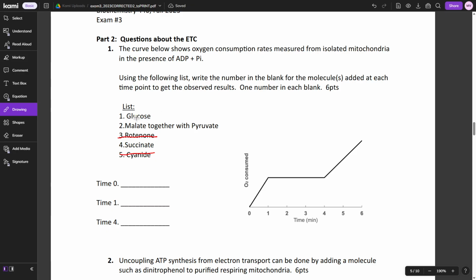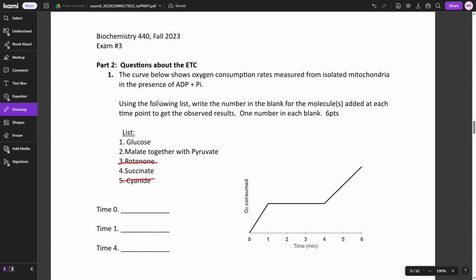Let's talk about glucose. Does glucose work here? Why does glucose not work? I mean, it can, because glycolysis happens. And where are we right now? We're on the mitochondria. Isolated mitochondria. Read the question.